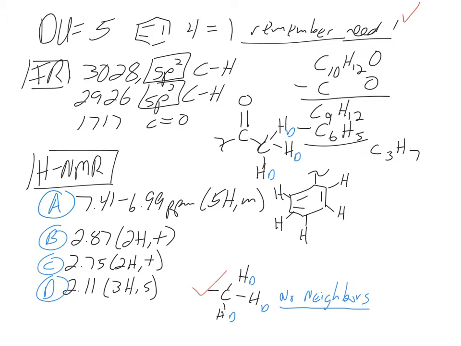So we still need to subtract a C and 3 H's though, right? So we have C2H4 left. So it looks like we have A covered, we just got D covered. So now we're left with B and C. So B and C are both triplets. So what do you know? Are they coupled to each other? They have to be. There's only 2 things left. They have to be coupled to each other. So that means they need to be right next to each other.